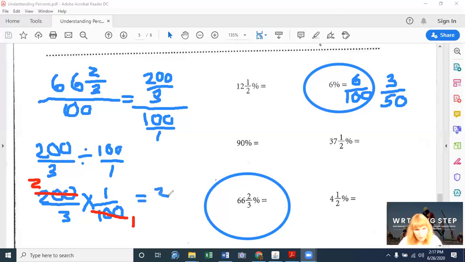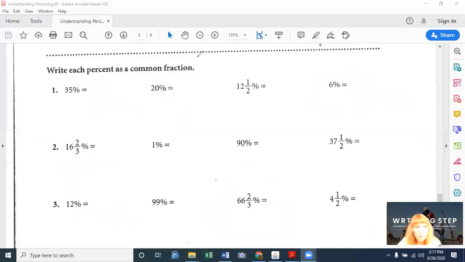And on the bottom, I get 3 times 1 is 3. So 66 2/3% is the same as the fraction 2/3. Okay. All right. Let you try a few of those on your own at home.